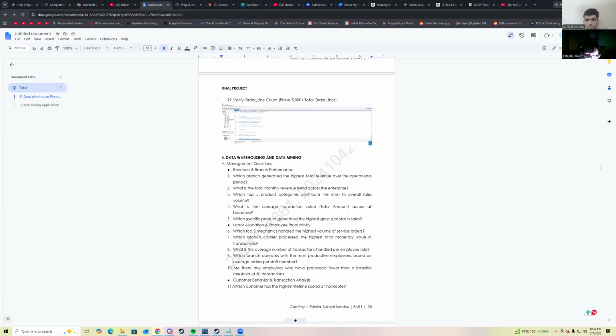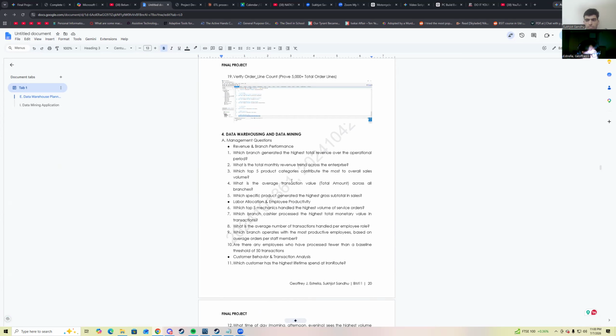The data warehousing and data mining section is the purpose of the structural database work we just talked about. This is exactly why we did it. The executive board doesn't want to look at primary keys and bridge tables. They want answers to critical business questions. So we designed our data warehouse to extract those answers across four main pillars.